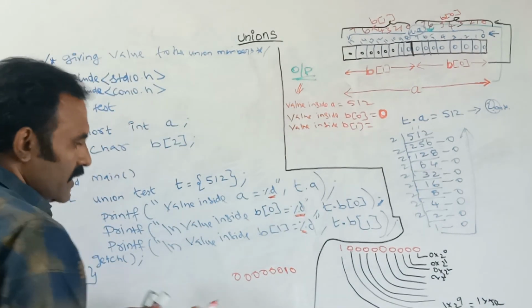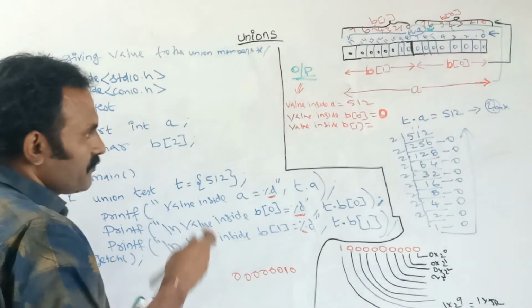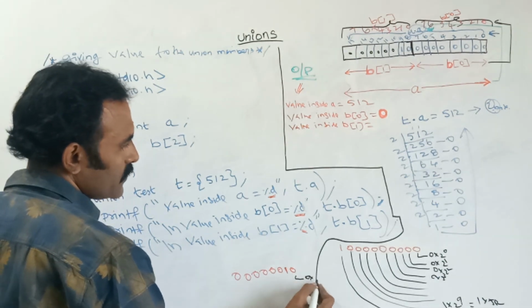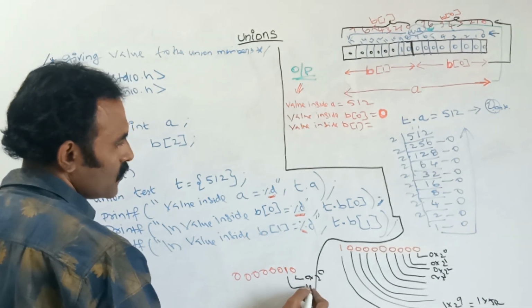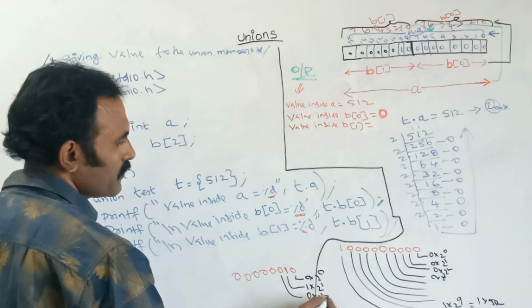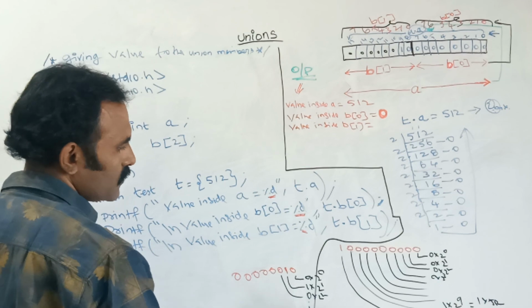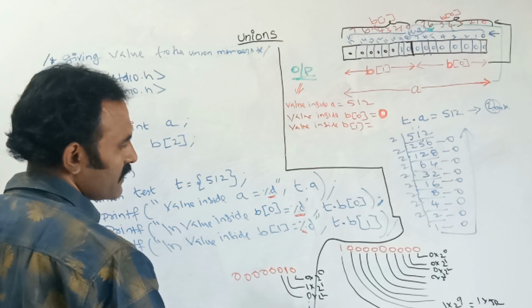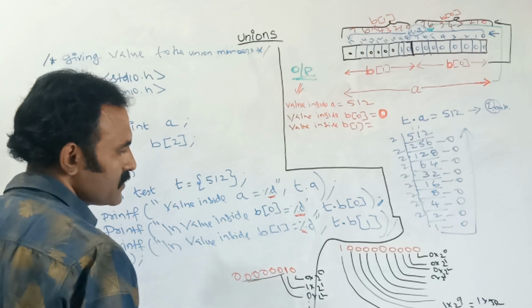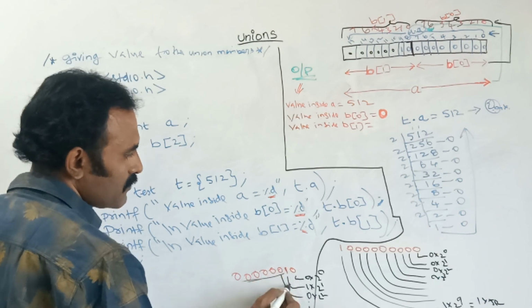See, now you convert this B of 1 to decimal, then what will the value be? 0 into 2 to the power 0, next 1 into 2 to the power 1, remaining 0 into 2 to the power 2, etc., up to 0 into 2 to the power 7. See, anything multiplied by 0 is 0, so we need not find those. We can stop up to this 1.